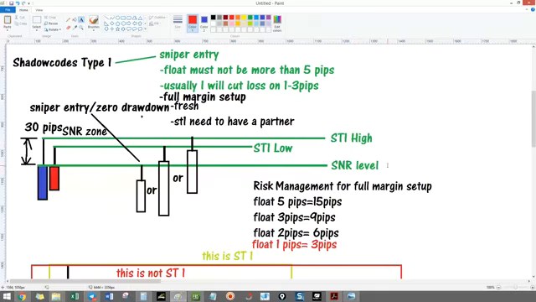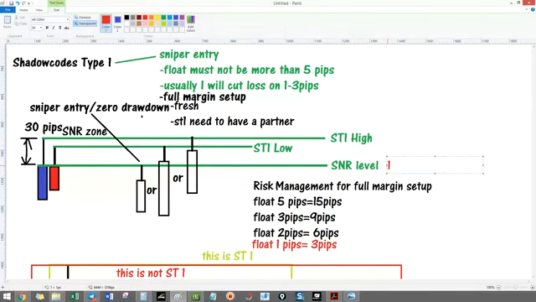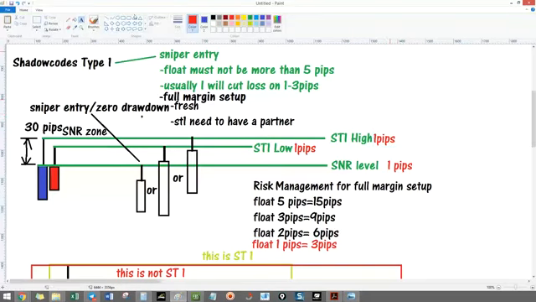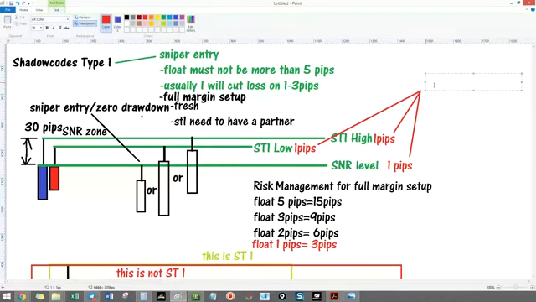Over here, for example, float is 1 pip here, 1 pip here, and 1 pip here. Total lost 3 pips.